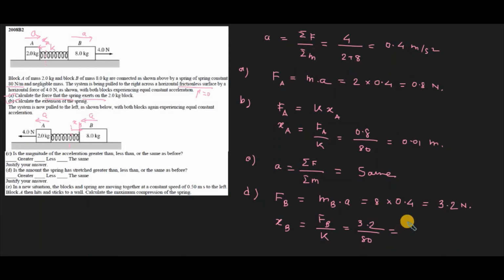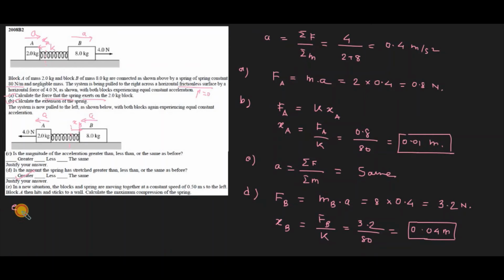From there we get 0.04. That's the elongation. If we make the comparison, in the second case we have got 0.04, and in the previous case we got 0.01. That means the amount of stretching of the spring is going to increase. So it is greater than.